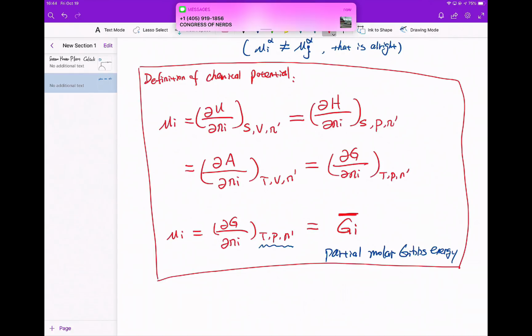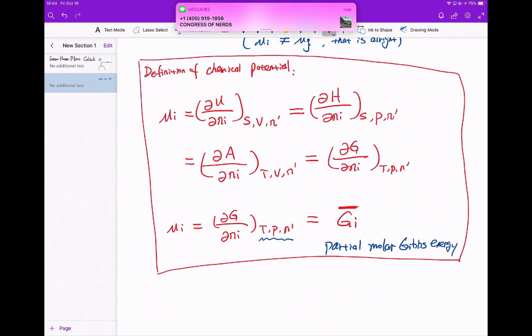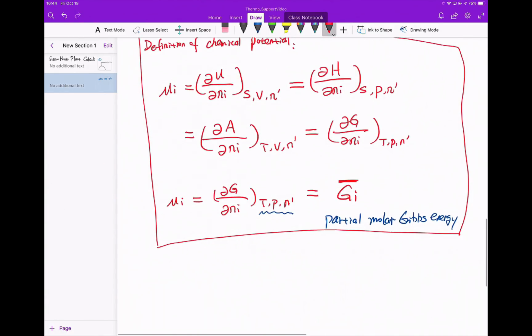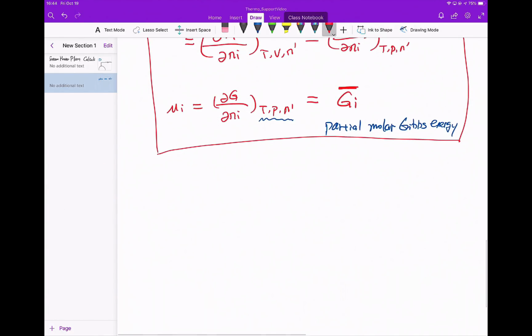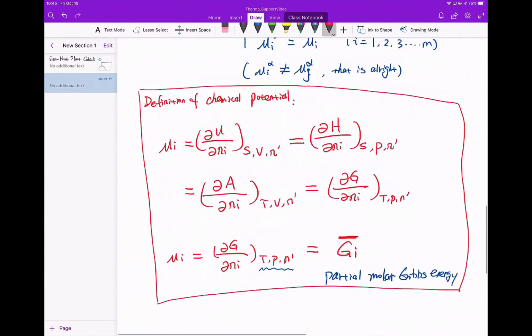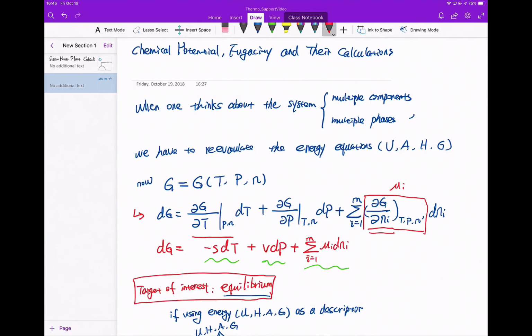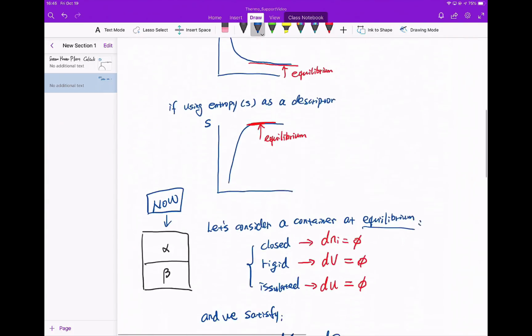Alright. Then the other thing we discussed would be, let's call this part A. This is A. Try to revisit the chemical potential.